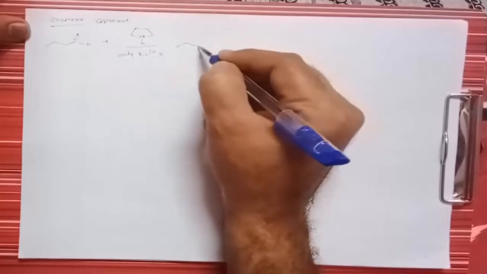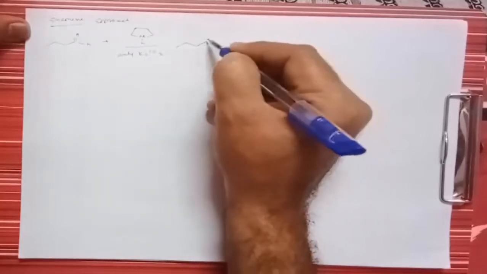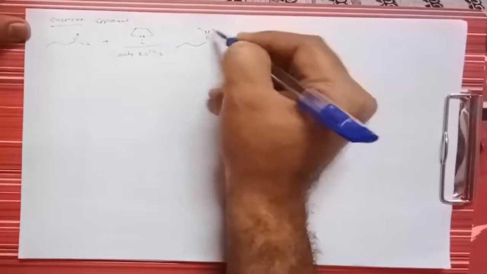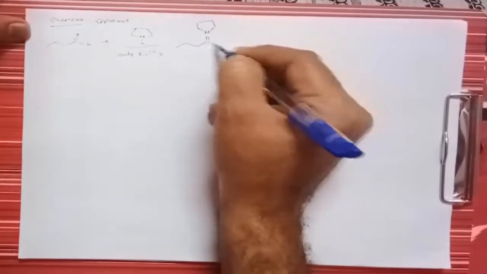CH3CH2, then C double bond N and hydrogen.